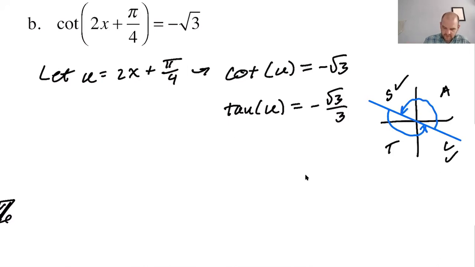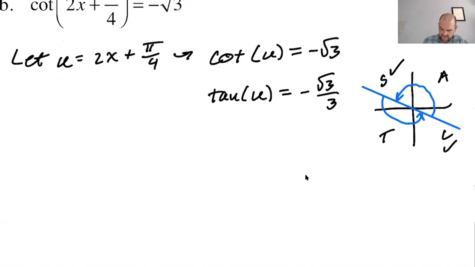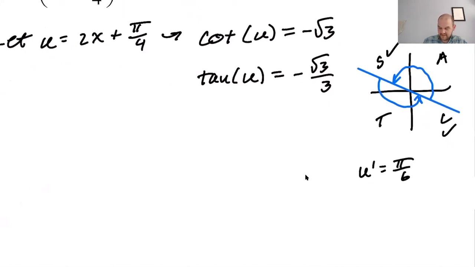What types of angles have tangents that are root 3 over 3? It's the pi over 6's. So I know that u prime is going to be pi over 6. Now I need it in, let's say, the second quadrant, so that would be 5 pi over 6. And then I'm just going to add pi, because if I start here and I add pi, I end up here.